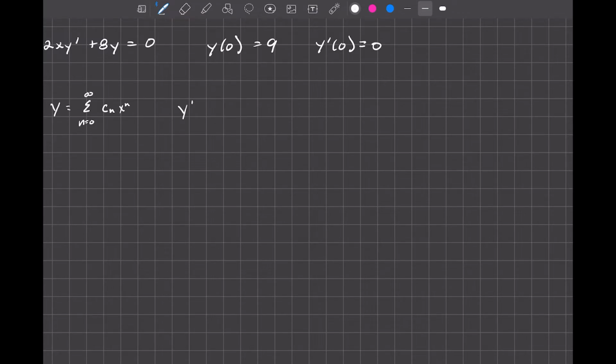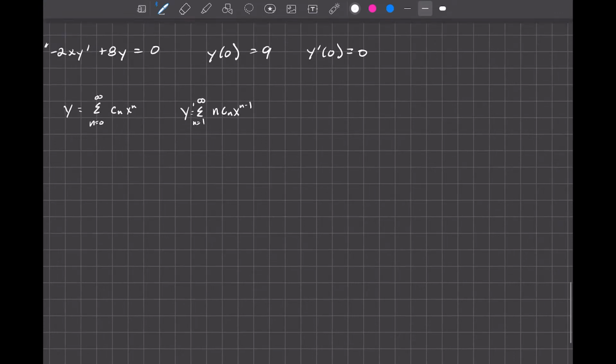So here we'll take the derivative as a summation from n equals 1 to infinity, and that will equal n times c sub n x to the power of n minus 1.